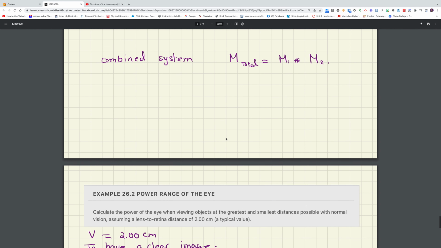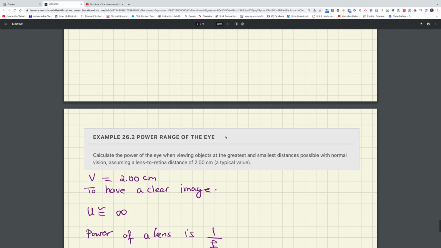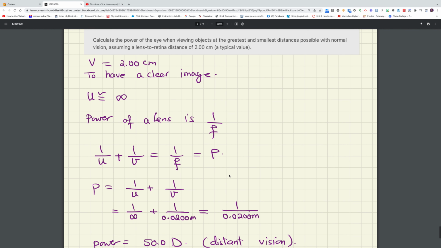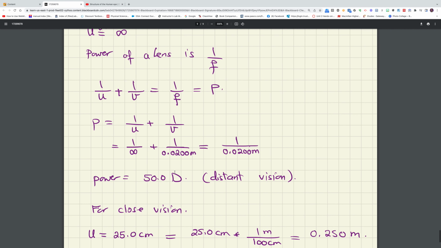Here, the power range of the eye. We calculate the power of the eye when viewing objects at the greatest and the smallest distances possible with normal vision, assuming a lens to retina distance of 2 centimeters, which is a typical value. In order to have a clear image, first, for distance vision, u, which is DO, is going to be infinity. The power of the lens is 1 over f, and I put the equation here: P equals 1 over u plus 1 over v.